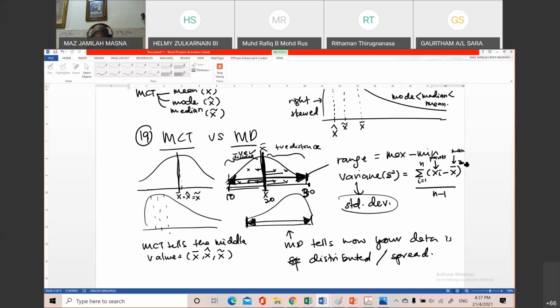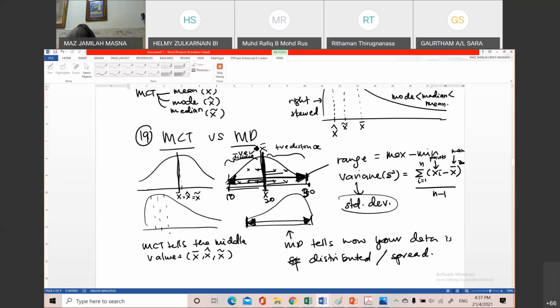That's why we measure the dispersion, because the measure of central tendency and the measure of dispersion give different meaning to your data. It is good to know how the measure of central tendency reflects the dispersion of a data. This will tell you the whole story of your data.